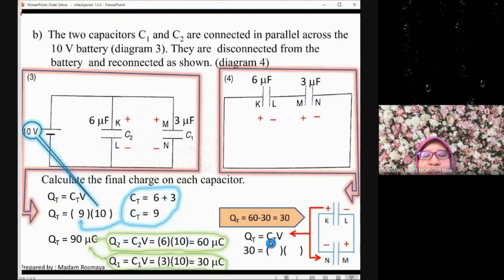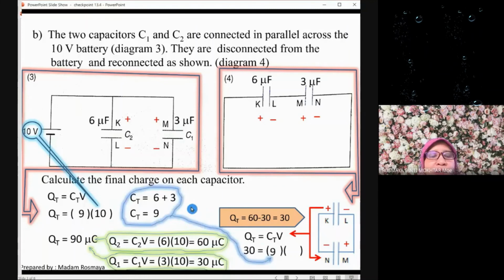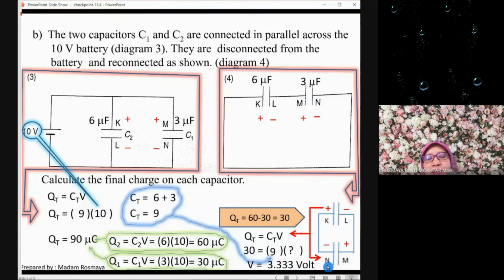Total capacitance: the capacitors here are arranged in parallel, so you use C1 plus C2, so 6 plus 3, still the same, 9. So we can calculate the voltage across the capacitor: 30 divided by 9, so 3.333 volt.